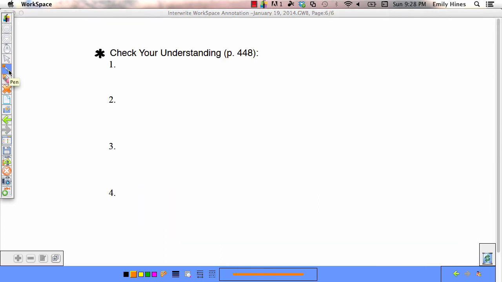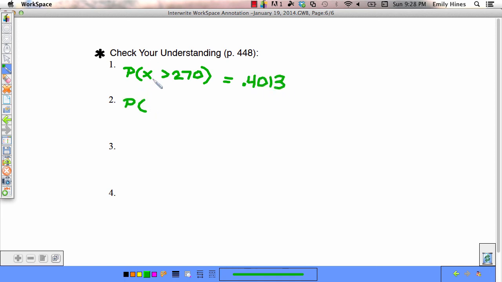That's it for, pretty simple, straightforward, the sampling distribution for a mean. So check your understanding. The probability that x is greater than 270 will be 0.4013. The probability, that does not go with this question.